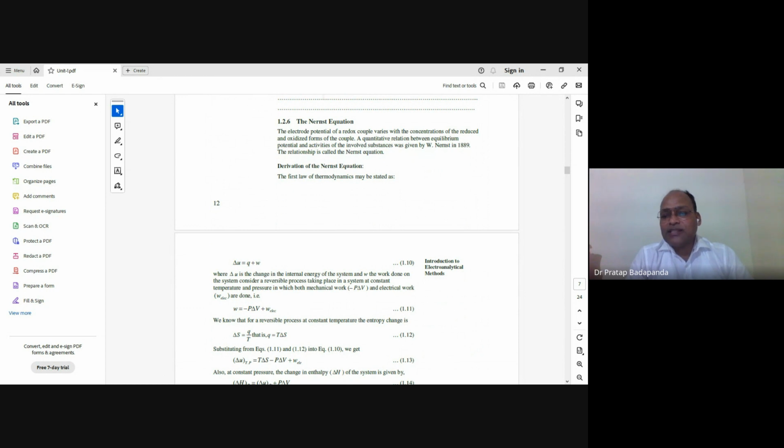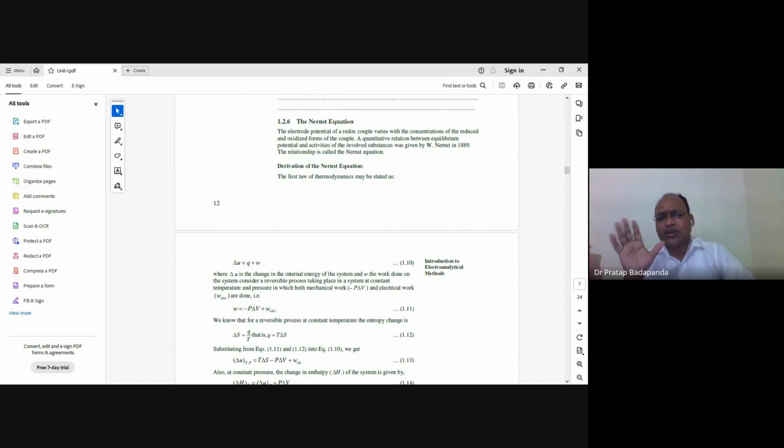So E cell is equal to E0 cell minus 0.0592 log of the concentration of oxidation divided by the concentration of reduction. We can take it as Kc.